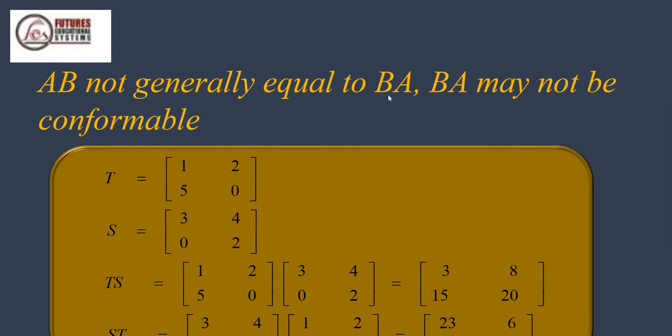If we have matrix T and matrix S, T by S when multiplied gives this matrix, but if we multiply S by T, it gives another matrix. Therefore, AB doesn't equal BA.